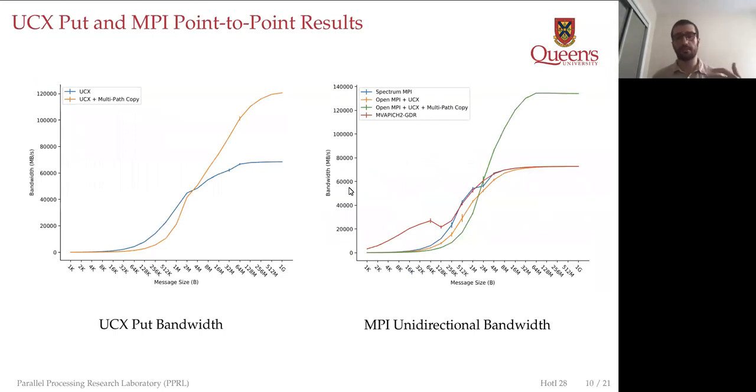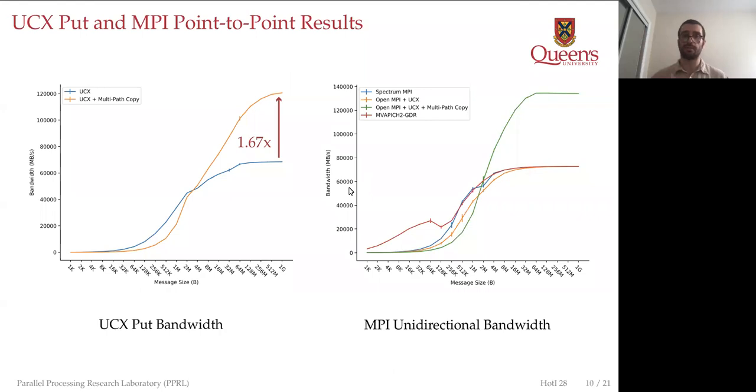So first off, let's start with the micro benchmarks. We implemented our multipath copy in UCX. So we see when we used our multipath copy, we saw a 1.67 times speed up compared to UCX's default implementation. We only saw performance gains for the larger messages. For the smaller messages, using this multipath copy wasn't beneficial.